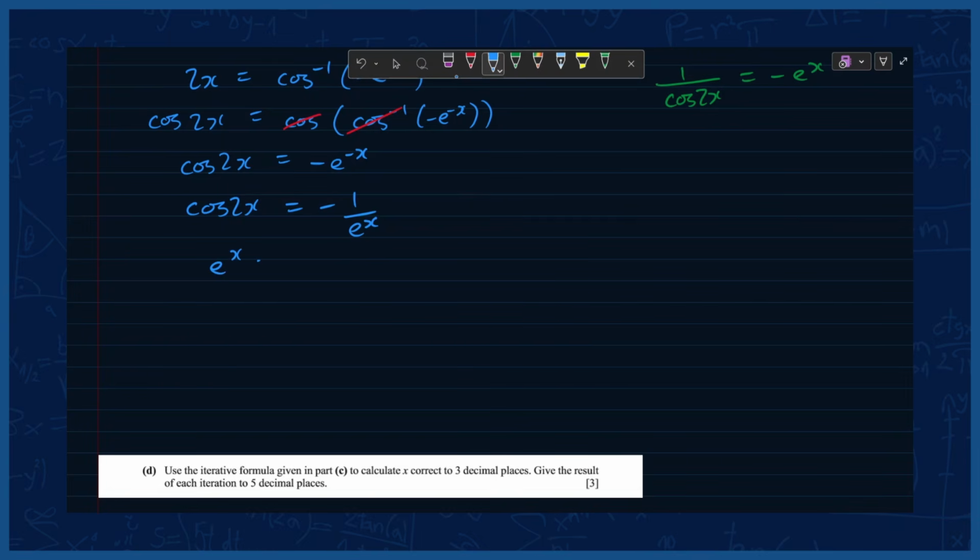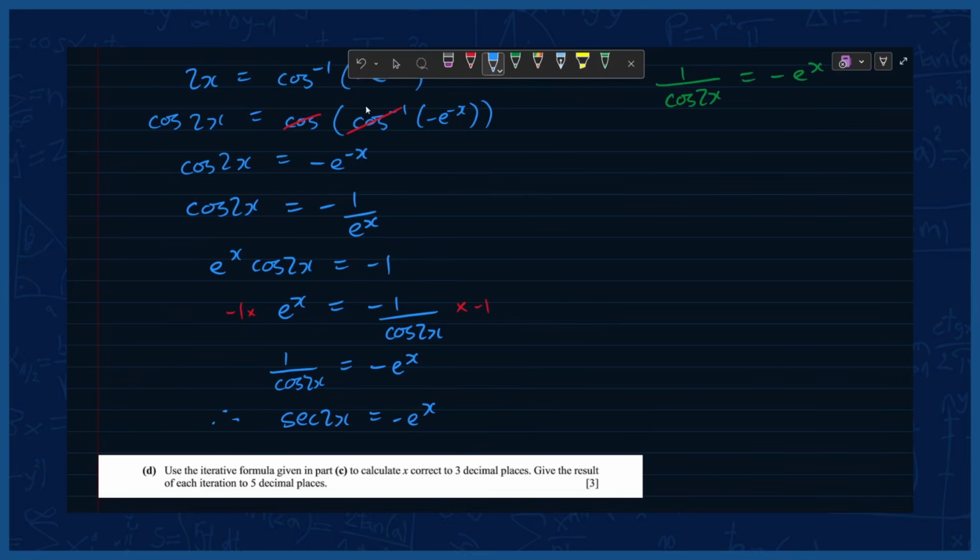So I've got e to the x cos 2x is negative 1. And if you divide both sides by cos 2x, you get e to the x is negative 1 over cos 2x. And now just multiply both sides by negative 1, and you end up with 1 over cos 2x is equal to negative e to the x, and 1 over cos 2x is sec 2x, which is negative e to the x.